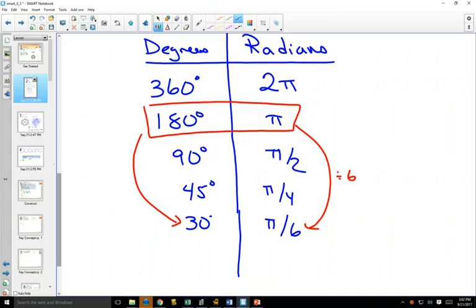So if I wanted to figure out what 1 degree was, what would I write? Pi over 180. Again, I could take that 1 in that red box. I could divide by 180 to get down to 1 degree. So I could divide by 180 and find out that 1 degree is pi over 180.